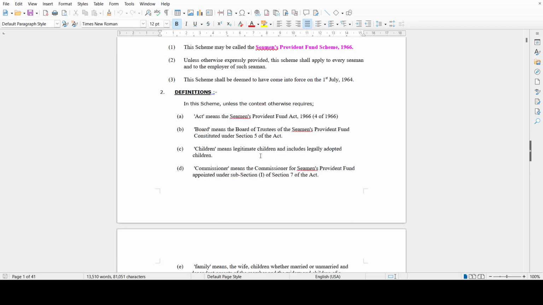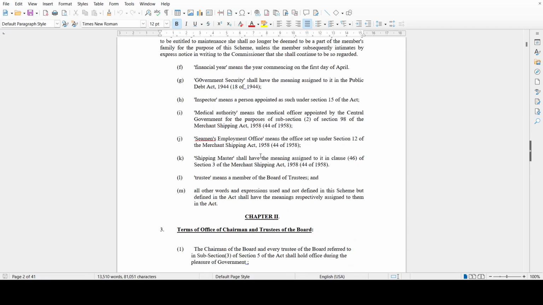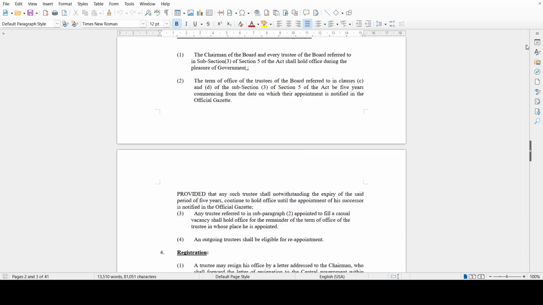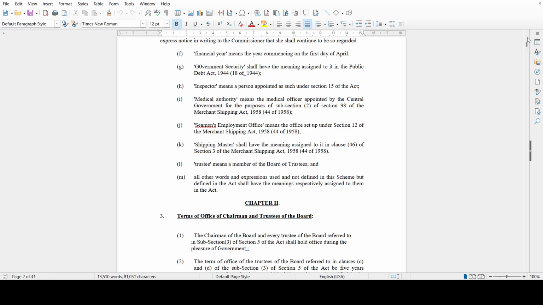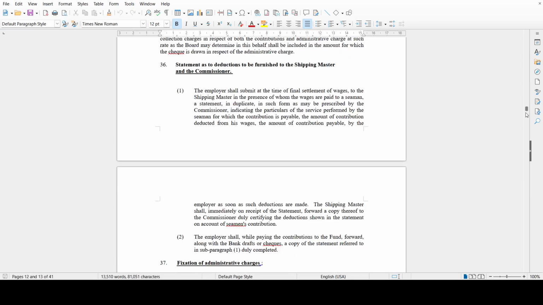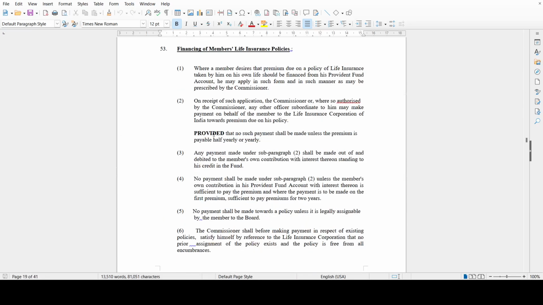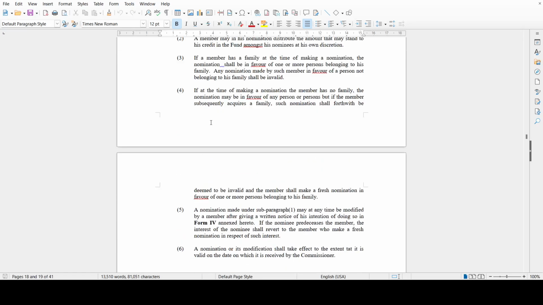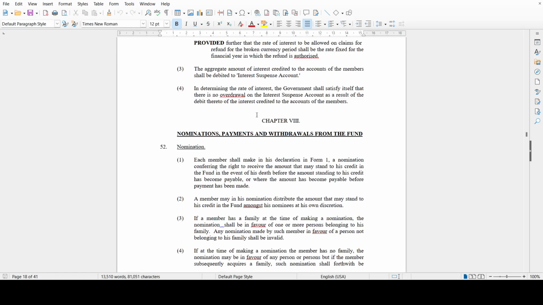We are directly going to chapter number 3, which is Seaman's Provident Fund guidelines, how to withdraw and how much you can withdraw. So here we go, chapter number 3, nominations, payments and withdrawals from the fund.